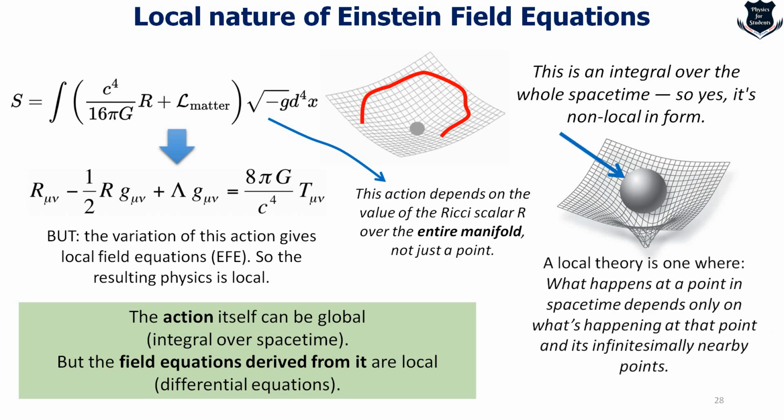A local theory is one where what happens at a point in space-time depends only on what is happening at that point and its infinitesimally nearby points, whereas non-local is something which is an integral over the curvature of space-time. So that becomes very important, because when you are generalizing Einstein field equations over an integral which is not local, the Einstein-Hilbert action comes into play.